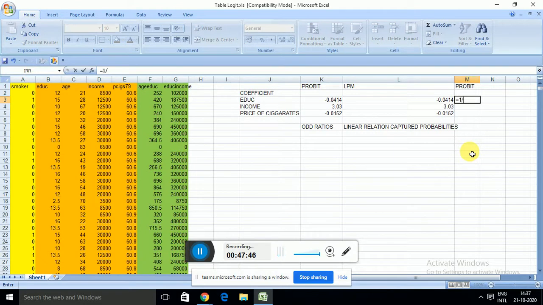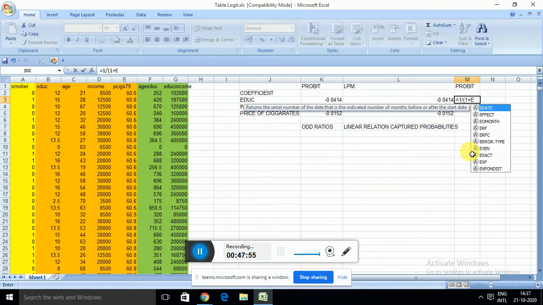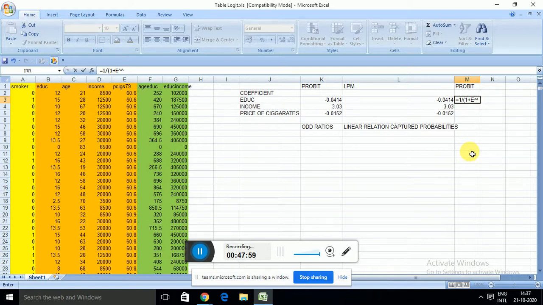1 plus e to the power, e is my exponential, to the power alpha plus beta x. Now it is really becoming a little bit complex.